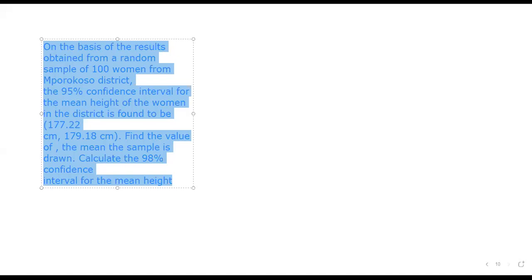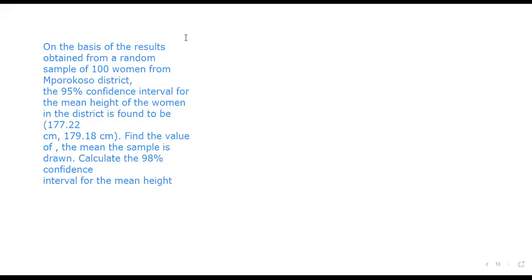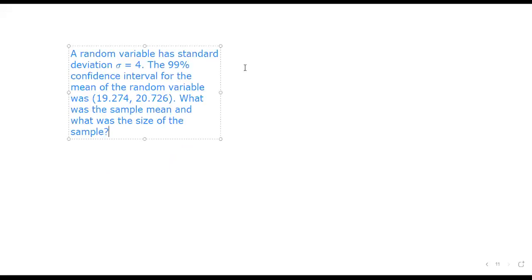Okay, this one I've already done. So let's participate. What are we given and what are we looking for? This was 10 marks. Let's go.